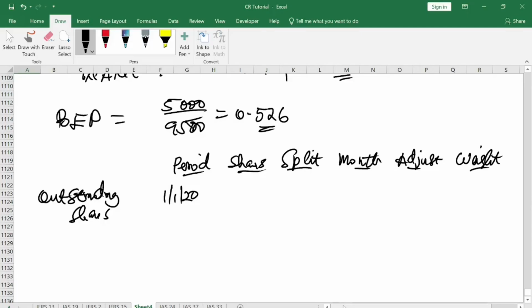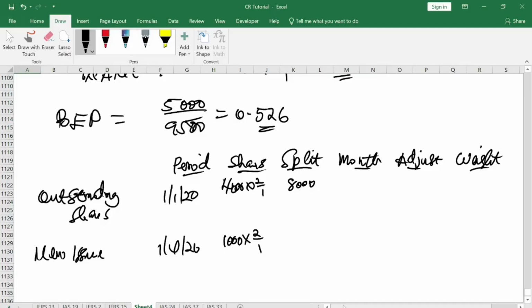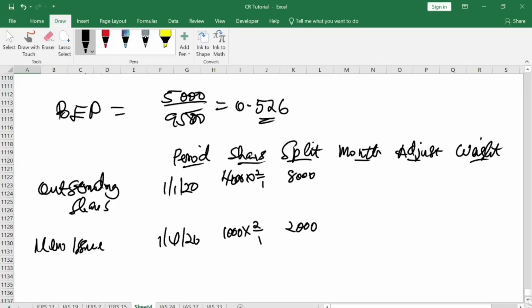So you have your 4,000 shares, and you are told that the shares should be split. So you pick your 4,000 and multiply by 2 over 1. The new shares were issued on 1st April 2020. How much did you buy? You bought 1,000 shares, which should also be split, so 2 over 1. When you multiply, you do the apportionment.